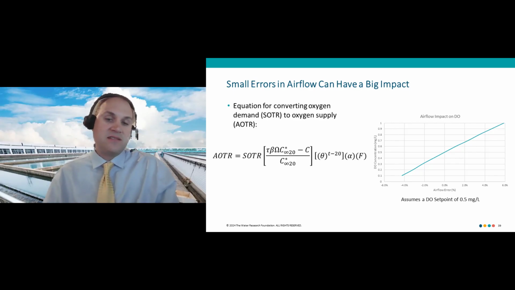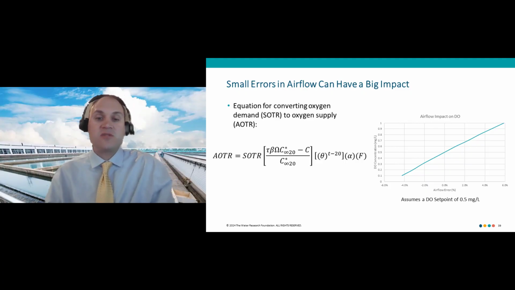If all that stays the same, the chart on the right shows how a change in airflow can impact DO. So in this case, this chart is for a DO set point of 0.5 milligrams per liter at that suboxic condition. So a very small change in airflow has a very big change on the dissolved oxygen. So you can see it only takes roughly a 5.5% change in airflow to take your DO all the way from your target of 0.5 milligrams per liter up to 1 milligram per liter.